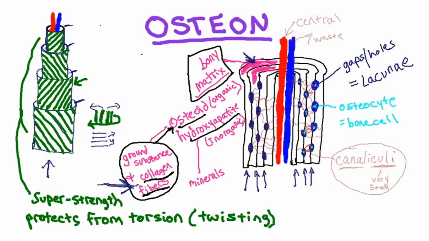So since the lamellae are made of diagonal fibers, and the diagonal fibers alternate from one direction to the next in each layer of the osteon, it protects it from all kinds of twisting around.